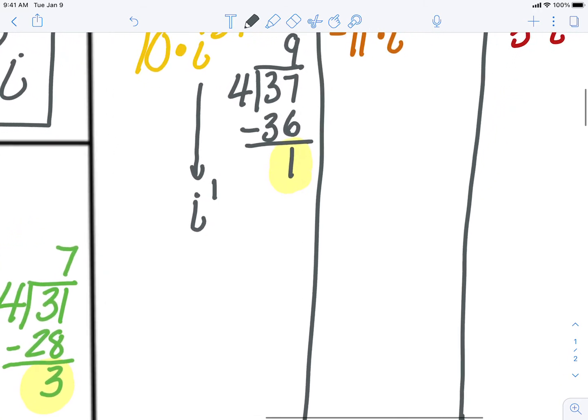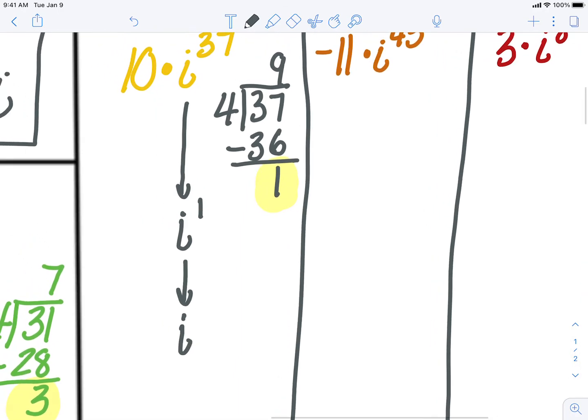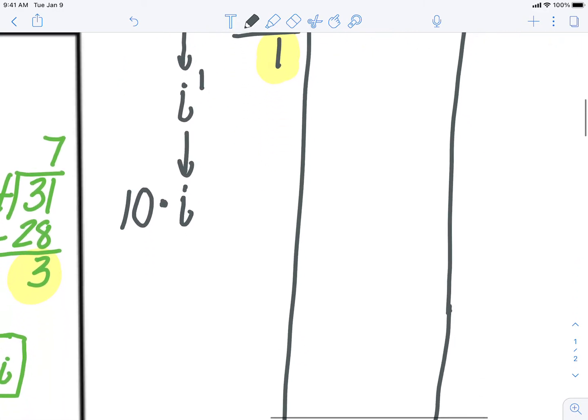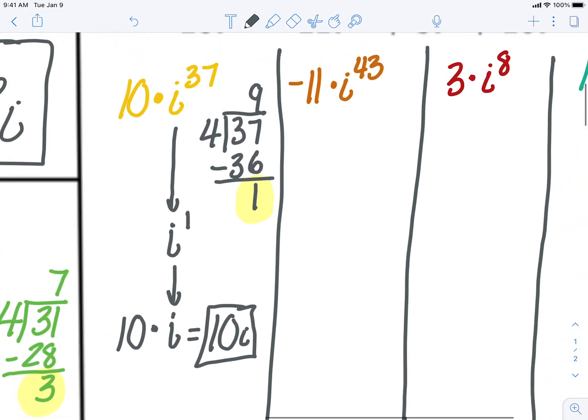Well, in my imaginary key, i to the power of 1 is just i. My 10 times comes down. 10 times i is equal to 10i.